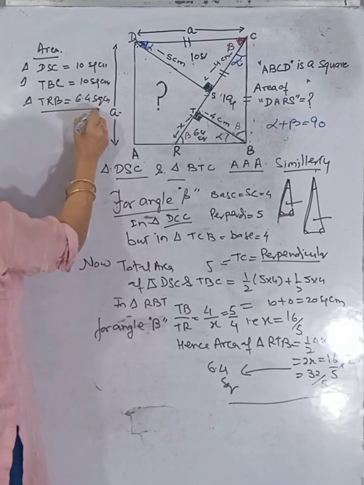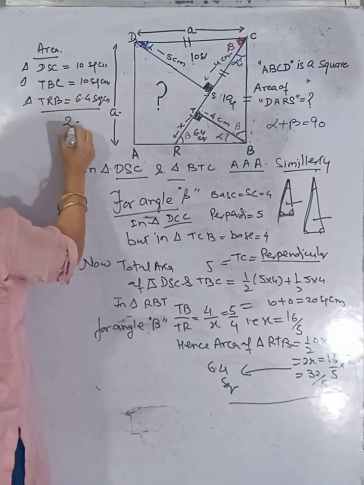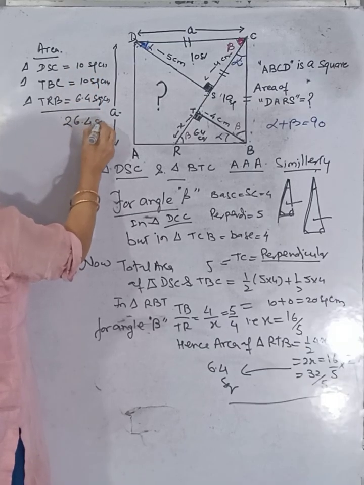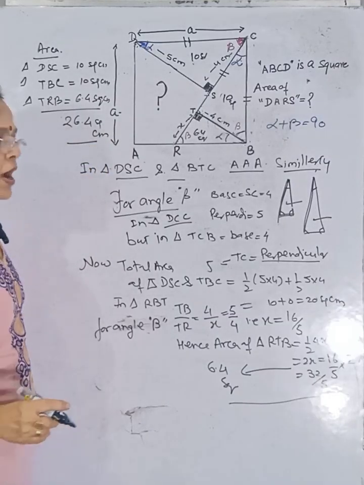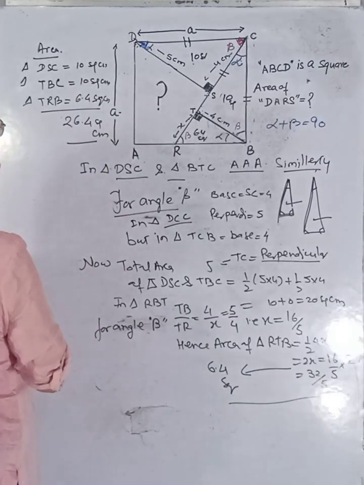Total is 26.4 square cm. Now the question is to find the area of the square.